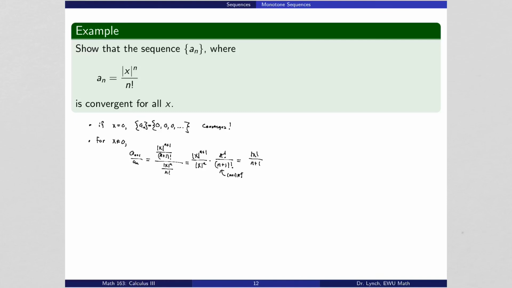Now this, as it turns out, is less than 1 as long as n is big enough.